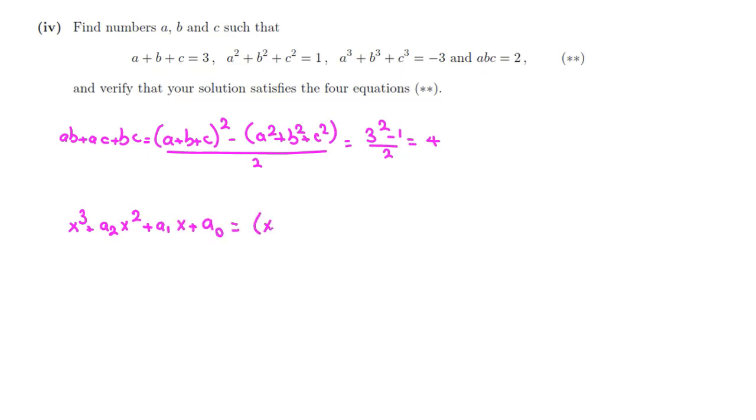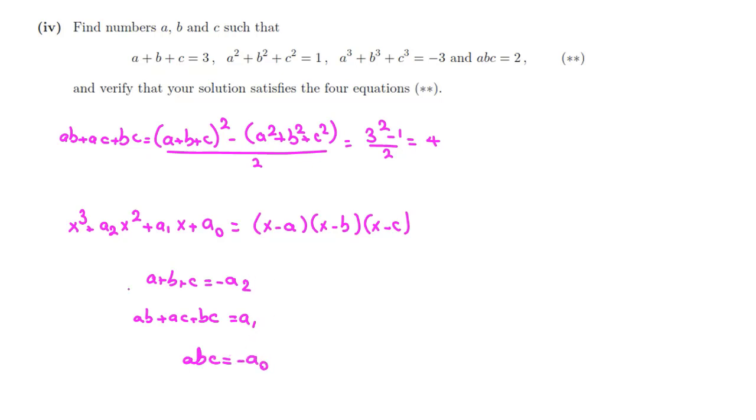Like Vieta's formula, we know it is x minus a, x minus b, x minus c. We know that a plus b plus c is negative a2, because the leading coefficient is 1. ab plus ac plus bc equals the coefficient of x, which is a1. abc is negative a0.